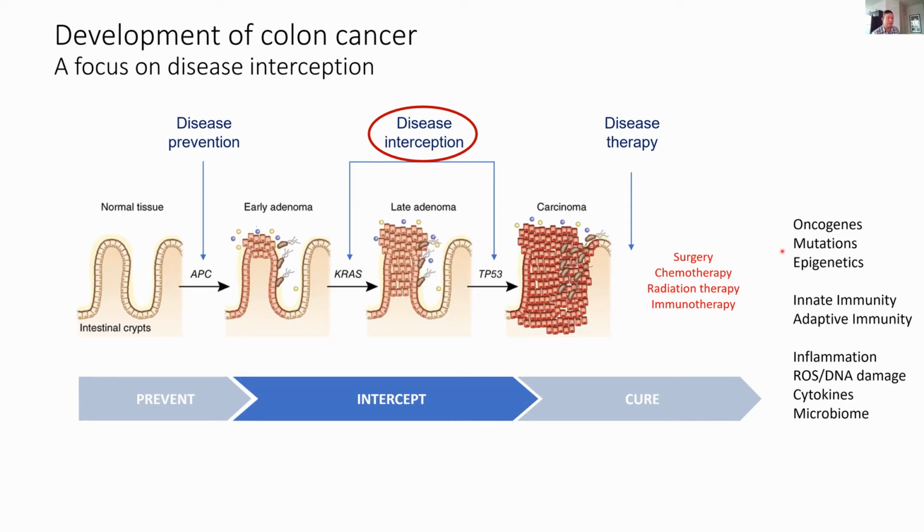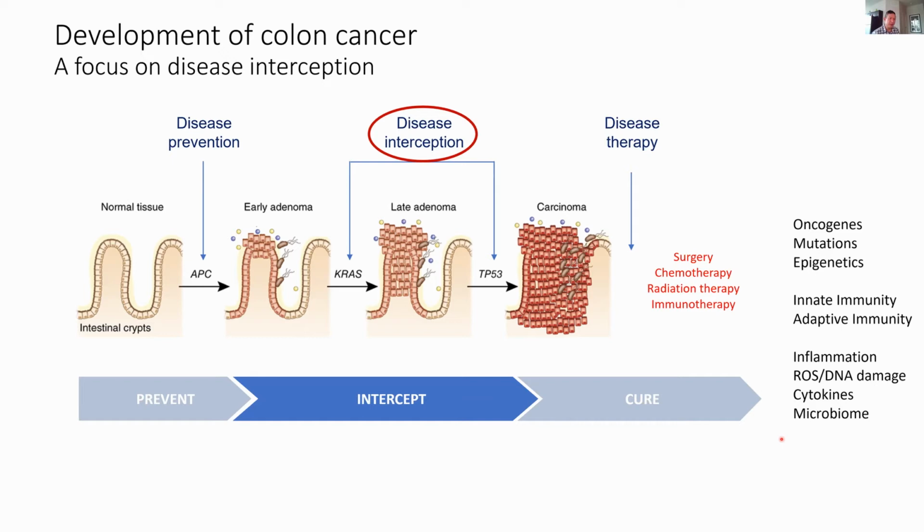We're looking at more global modifiers, immunity and inflammation, innate immunity, adaptive immunity. One particular area that I've been focused on is innate immunity and inflammation. I personally have an interest in the myeloid component, in cytokines and their role in DNA damage, and if we can prevent progression that way.